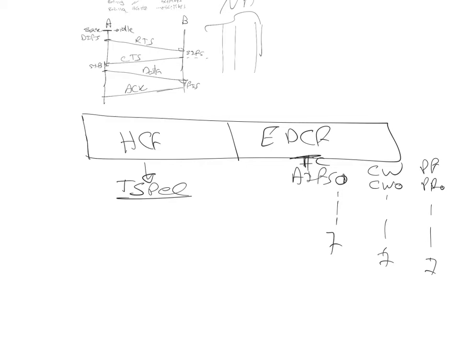So for each flow, you can specify complete traffic specification as detailed as you want, and in that case, based on the fact that HCF is polling-based, you can provide any granularity you want in terms of per-flow, quantitative quality of service for each individual flow using this T-spec.